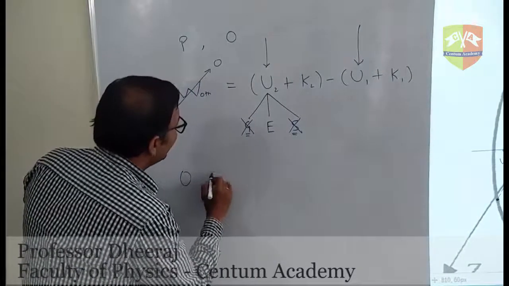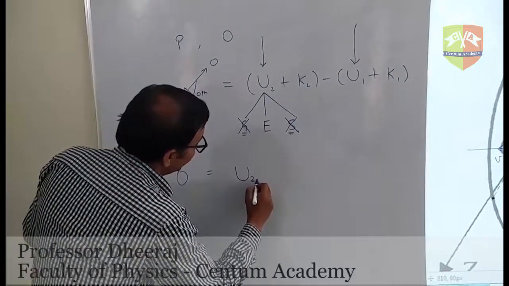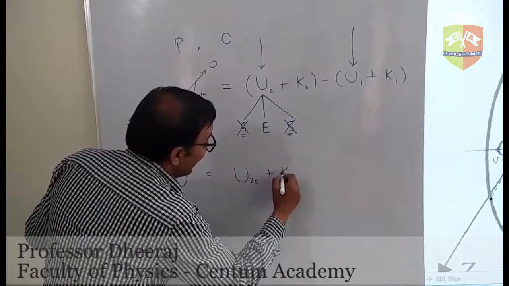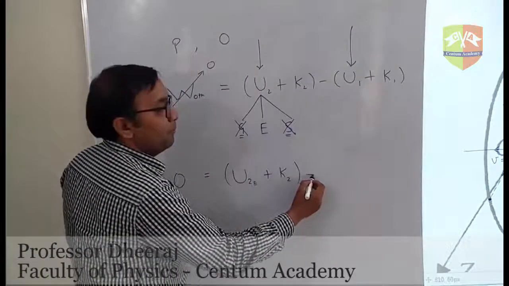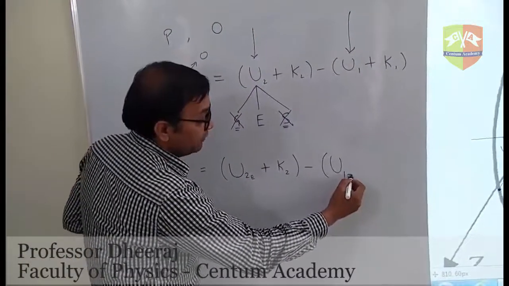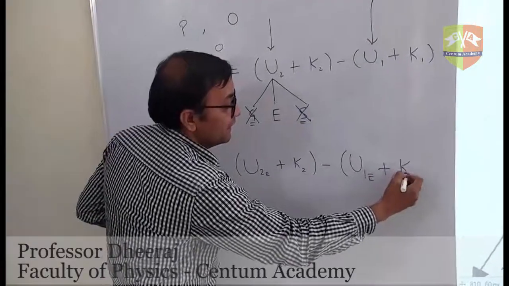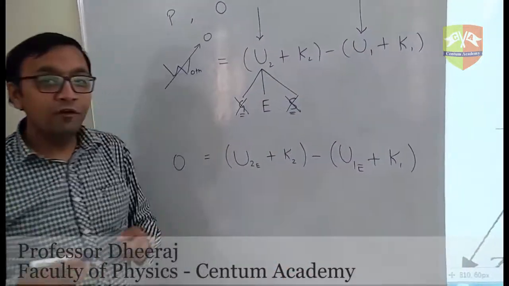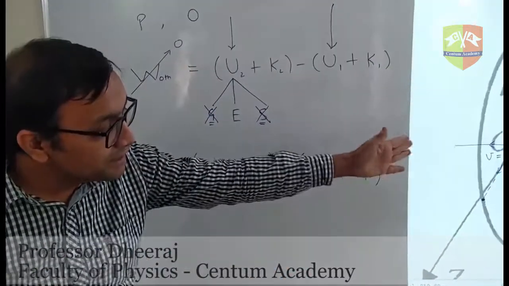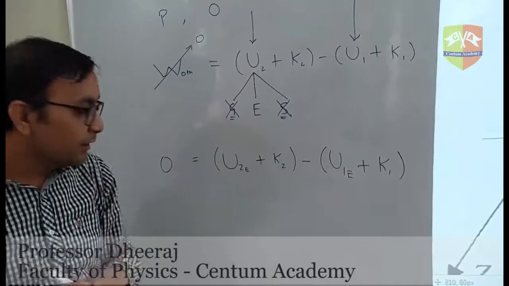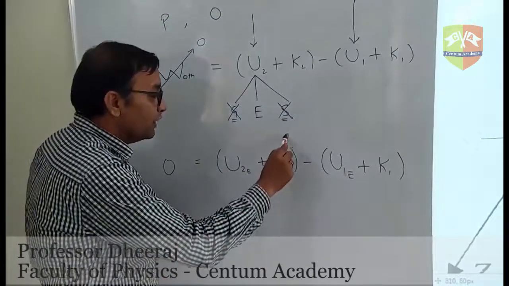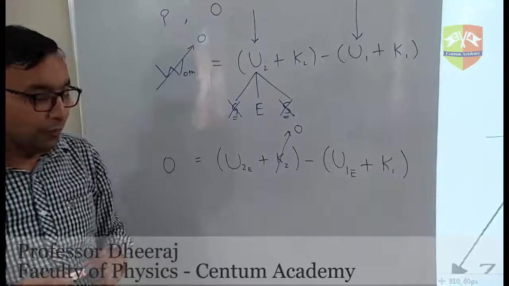So 0 is equal to electrostatic potential energy at point 2 plus kinetic energy at point 2 minus potential energy at point 1 plus kinetic energy. Now we have assumed that once it reaches point O, its kinetic energy becomes 0, so K2 is also 0.